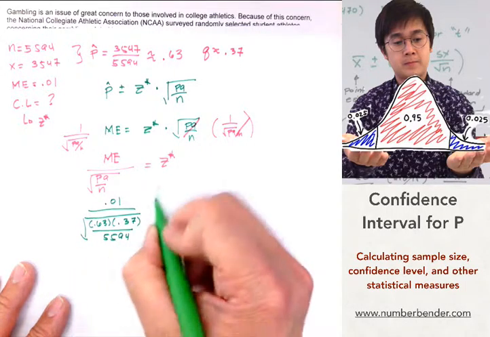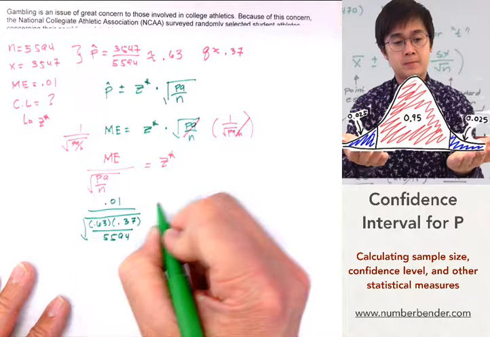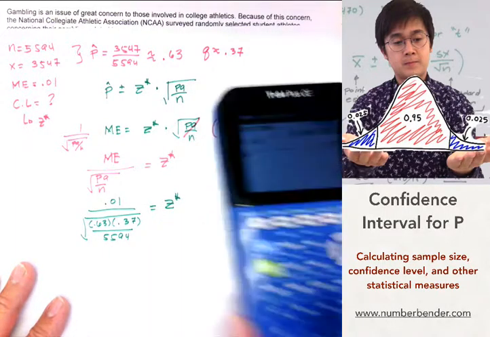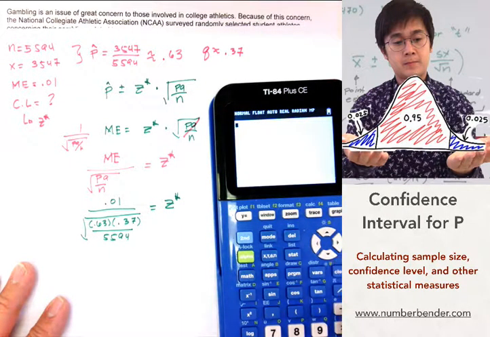So, using our calculator, 0.01 divided by, close the parentheses, 0.63, 0.37 divided by 5,594. Let's close it.